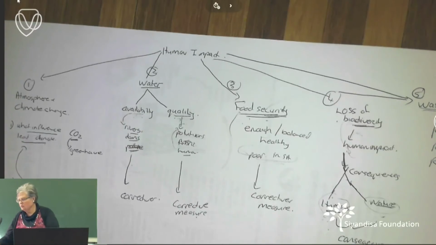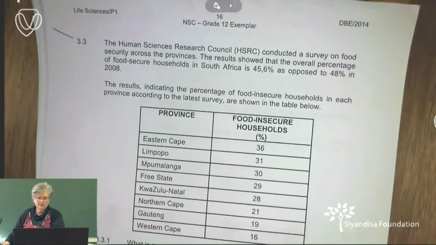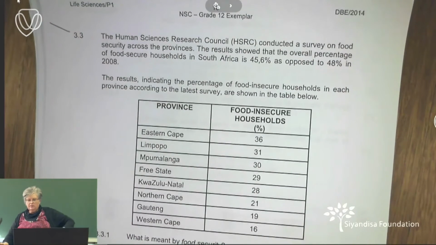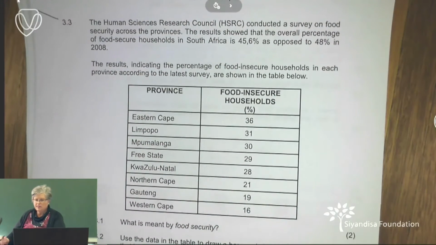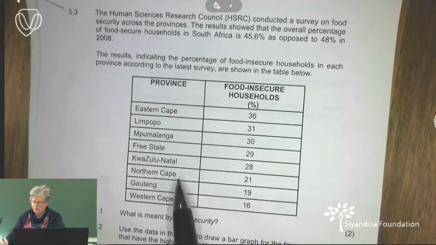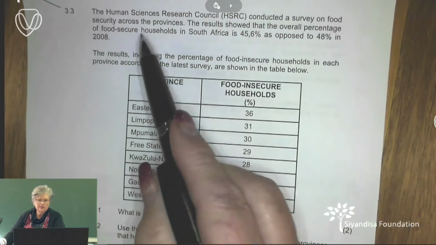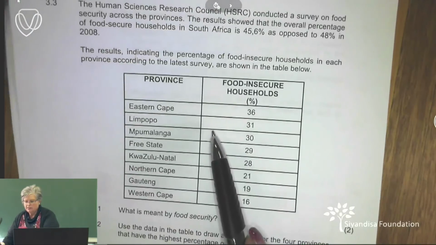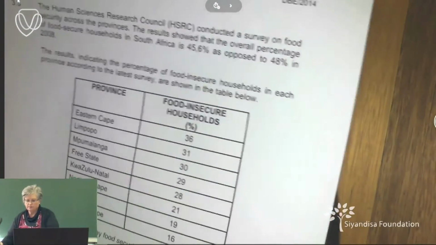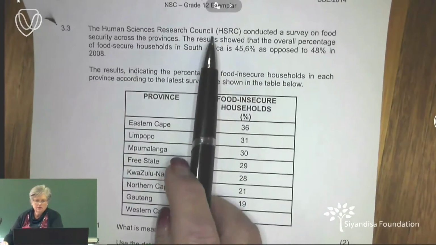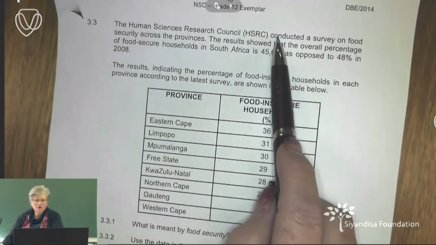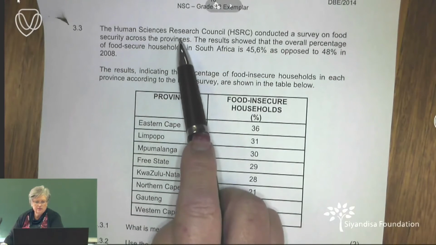But now let's look at questions. These are more the application questions that are in question papers, and a few of these are straight direct level A questions. Let's look, for instance, at this question. The Human Sciences Research Council conducted a survey on food security across the provinces.